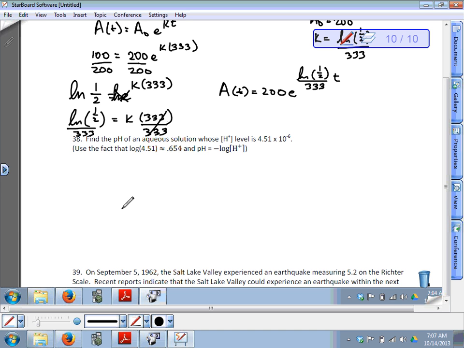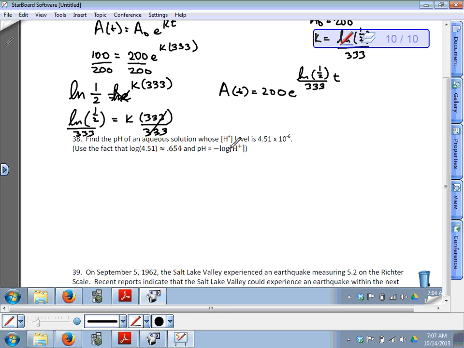Okay, question 38 is using logarithms to evaluate the pH scale to find the acidity of a solution. So there's some kind of liquid solution that has a hydrogen ion concentration of 4.51 times 10 to the negative 6.